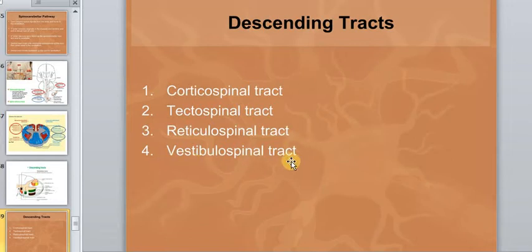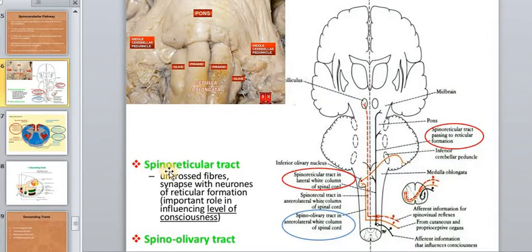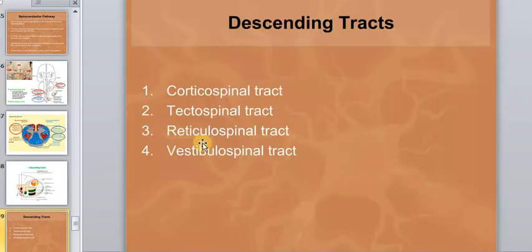So about names, if you see the part of the brain and the word ends in spinal, the tract is always descending. If you see spinal first and then the second part of the word, for example reticular, which is part of the brain, this tract always gives information to the brain, so up. And if the part of the brain comes first and it ends in spinal, so down.